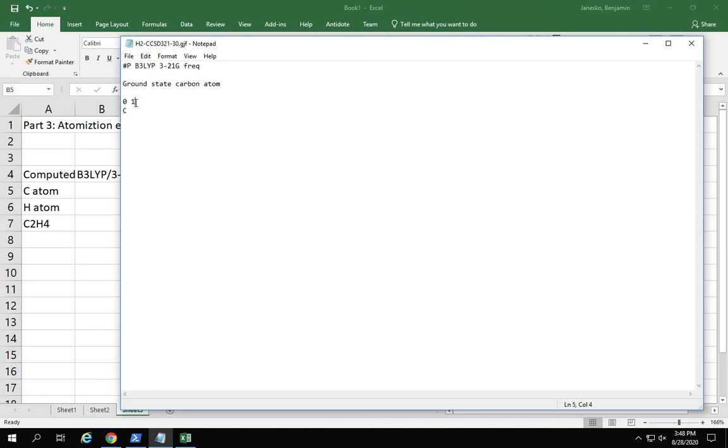What is the spin multiplicity of ground state carbon atom? Well, you could check a couple of different values. Let's do that.